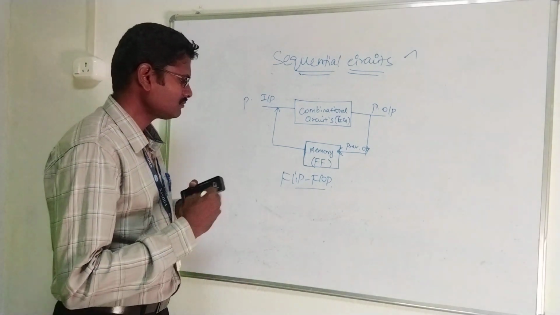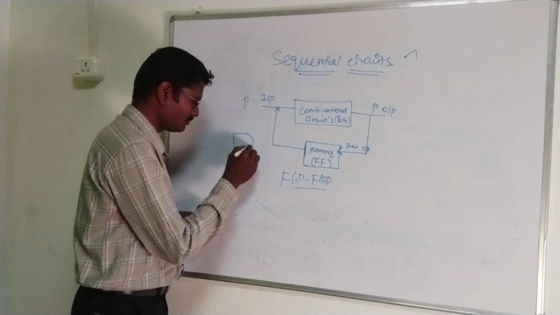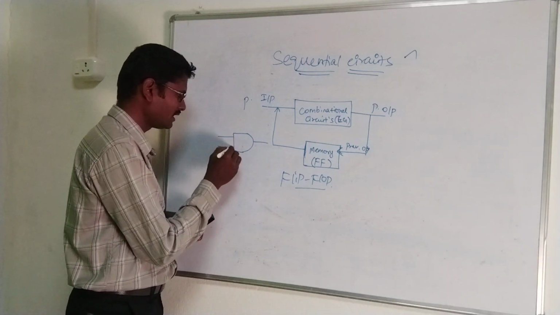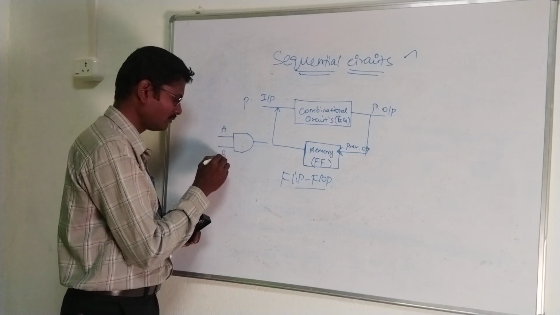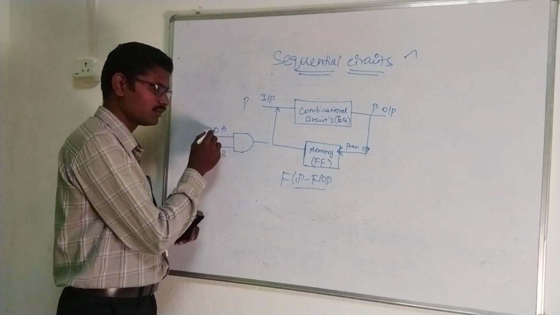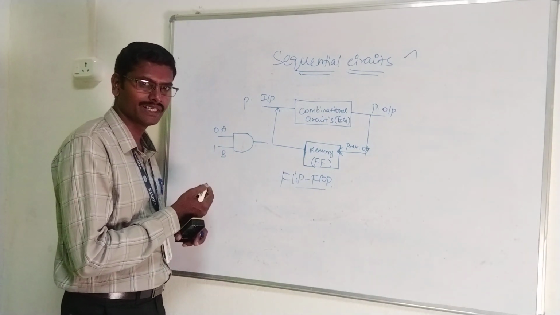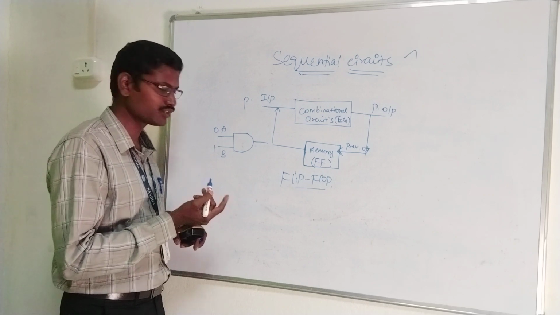As we already know about logic gates, let us assume an AND gate with inputs A and B. Let A equal 0 and B equal 1, because the inputs for logic gates are binary, digital values, zeros and ones.